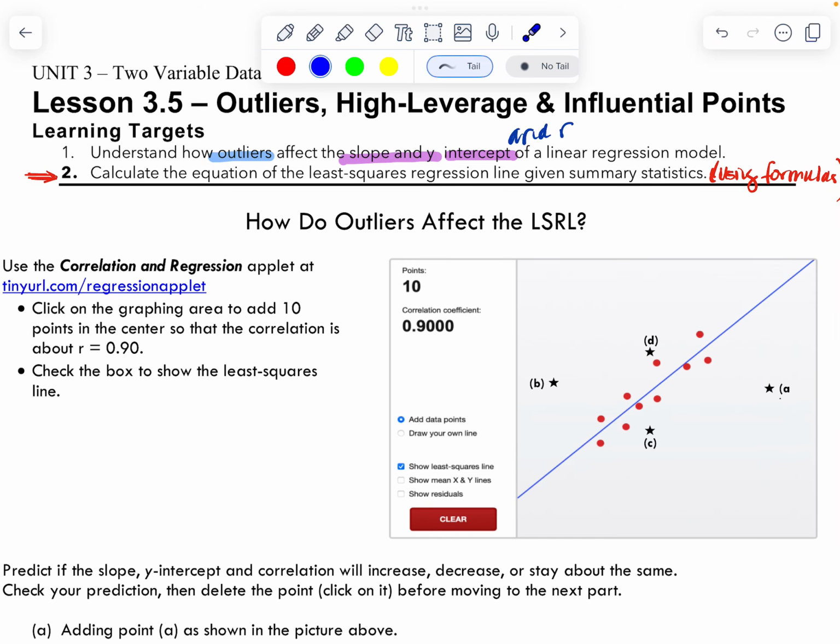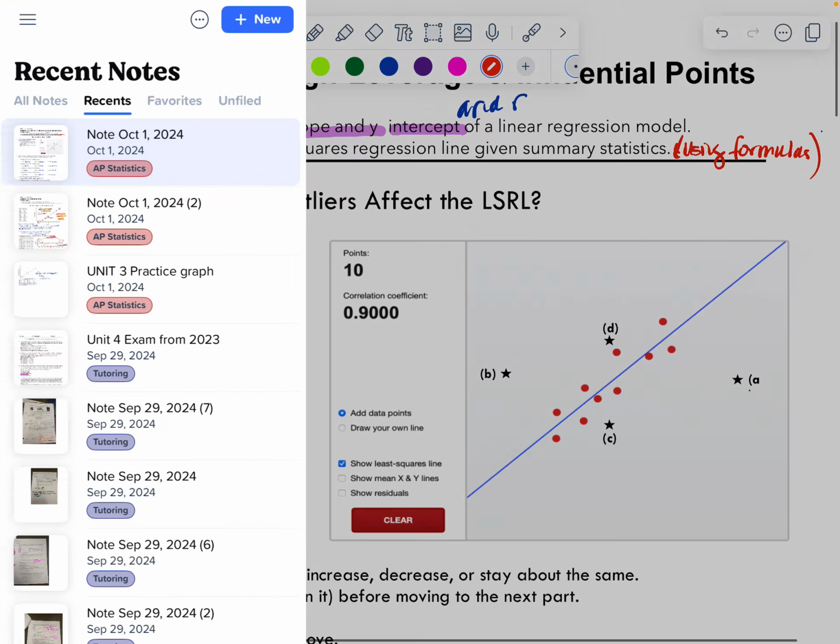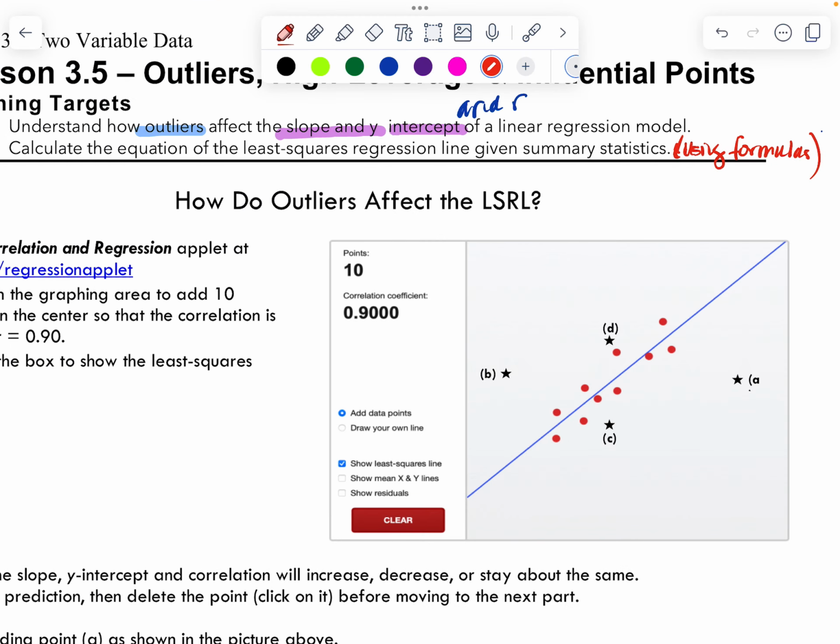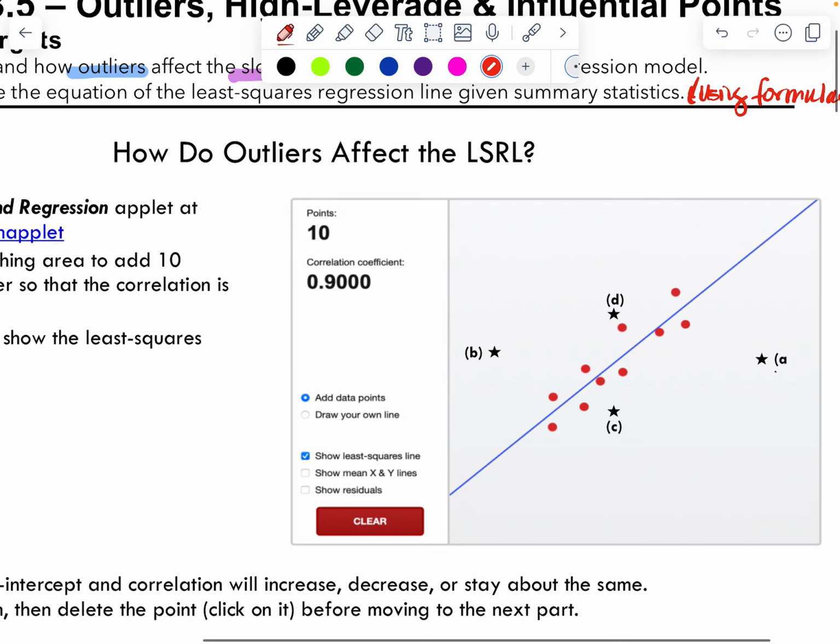All right, so hopefully you actually worked through the activity. If not, so be it. But one thing that I do want to point out on this applet: if you click this box right here where it says show the mean X and Y lines, it's going to show a line for where the average X is.